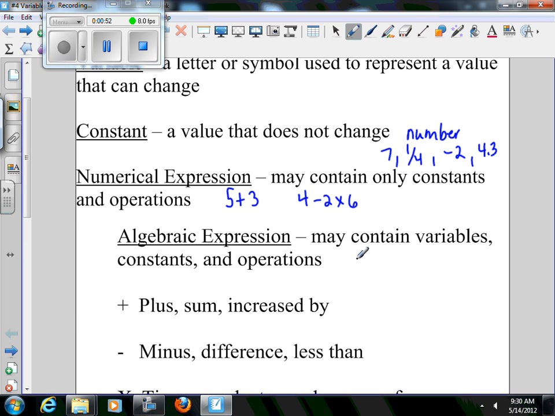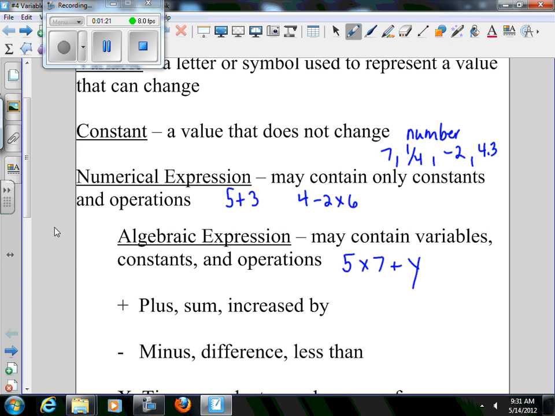An algebraic expression may contain variables, constants, and operations. So you may have something like 5 times 7 plus y, okay, because you've got a variable involved.